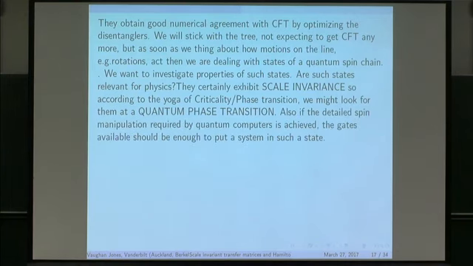Also, if the detailed spin manipulation required by quantum computers is achieved, the gates available should be enough to put a system in such a state. So what I'm saying here is that one of these scale invariant states is not likely to occur just in the course of nature. If you just let a spin chain evolve at some ordinary temperature, you're not going to see any of these funny guys.